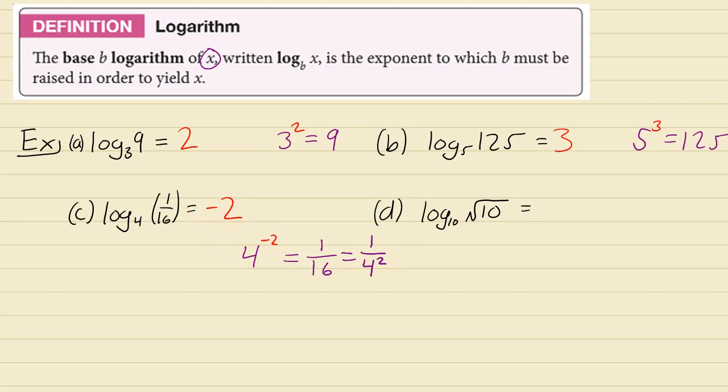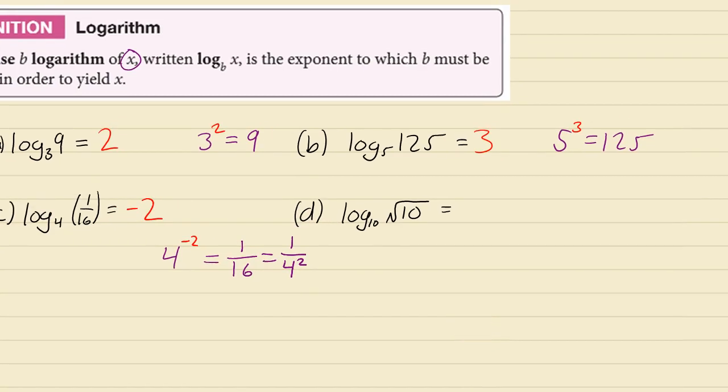And with part D here, we want to know 10 to what power gives you a result of the square root of 10. If you're thinking, oh, the square root is the same thing as the power 1/2, you're right, so that means the result of the logarithm should be 1/2.